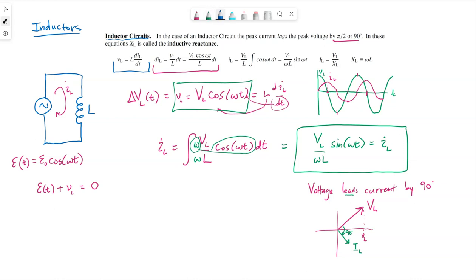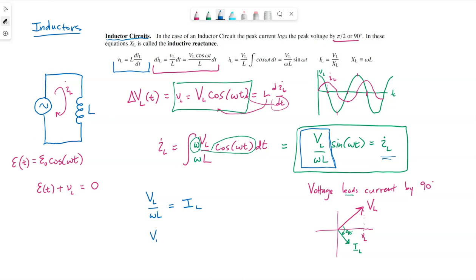Now, in terms of our current equation, this VL over omega L must represent the peak or maximum value of the current that can flow in this circuit. It's the amplitude of the function. Since the function is describing the current, then the amplitude represents the peak or maximum value of the current.